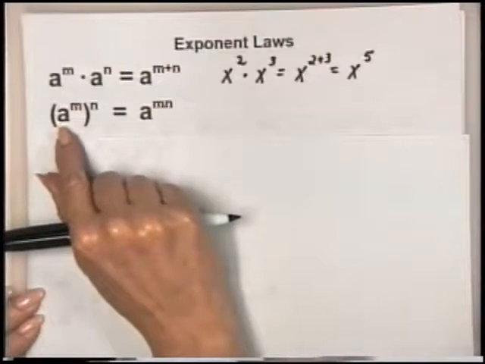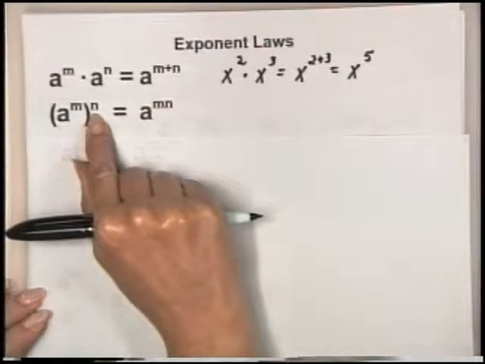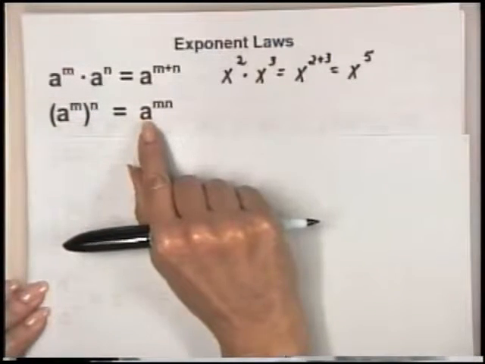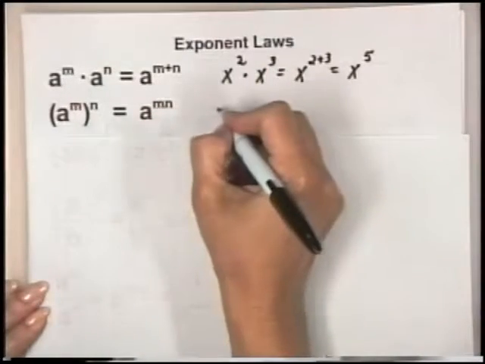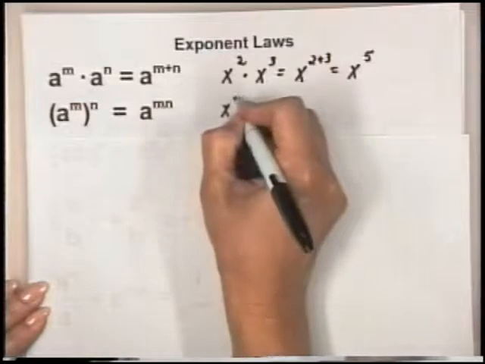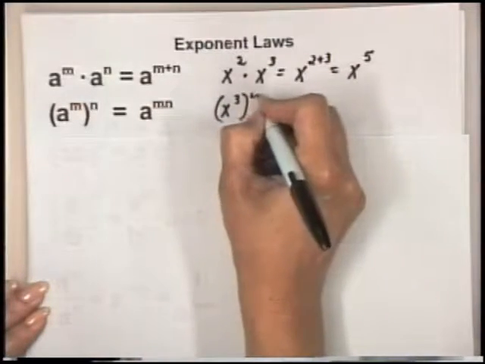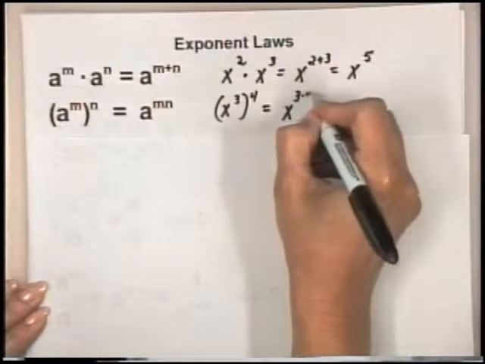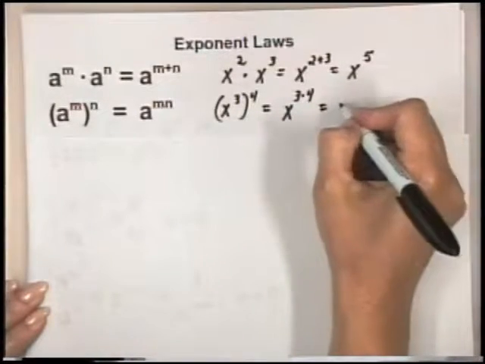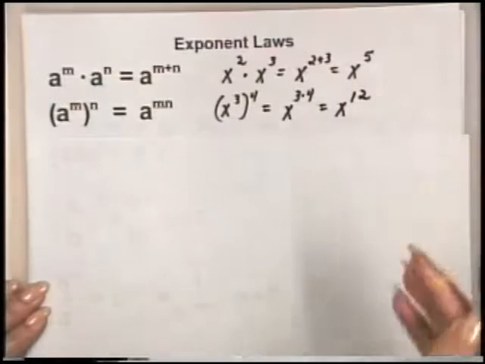Next, if we have a to the m raised to the nth power, it is equal to a to the m times n power. As an example, if I have x cubed raised to the 4th power, it is equal to x to the 3 times 4, or x to the 12th power.